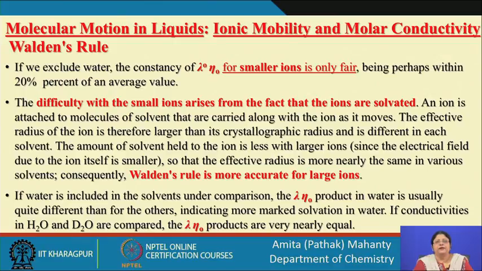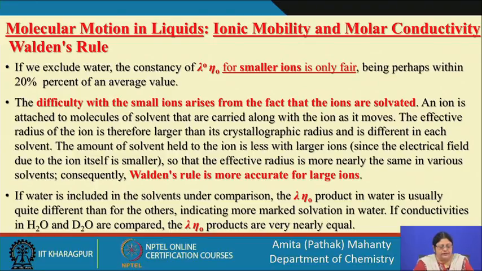So, the effective radius is more nearly close to what we obtain in a crystallographic measurement for an ion of larger size, and hence Walden's rule will be more accurate for the ions which are larger.